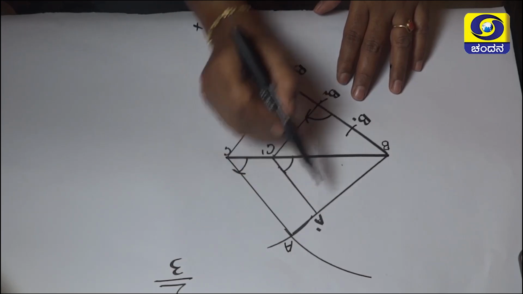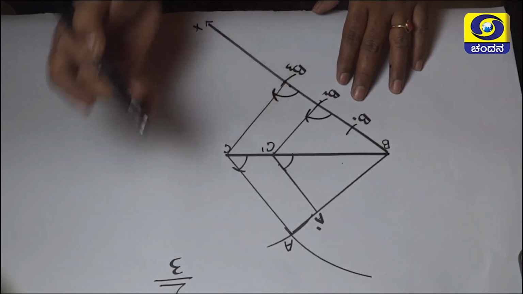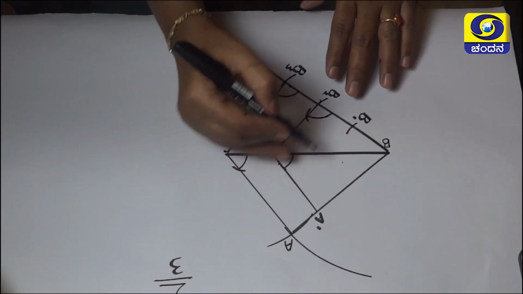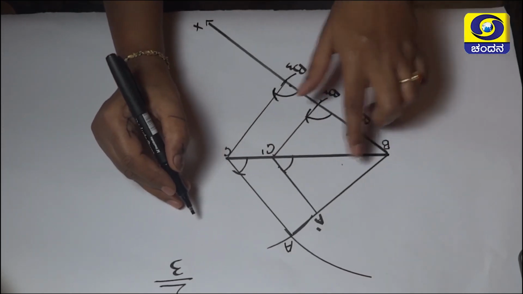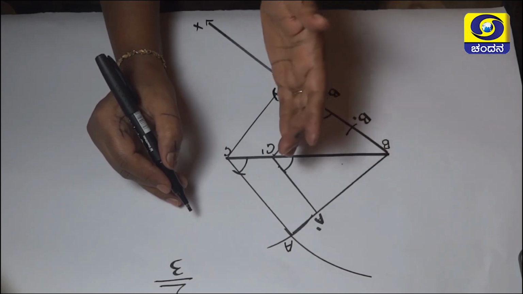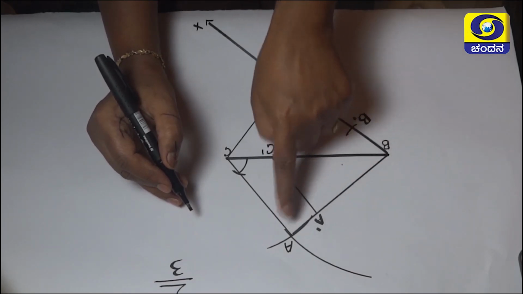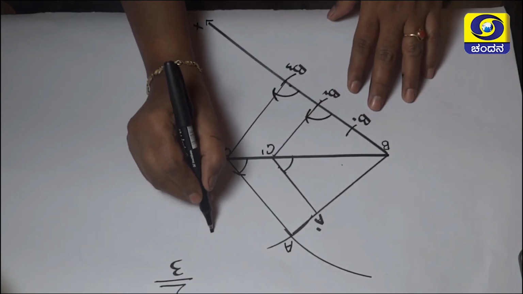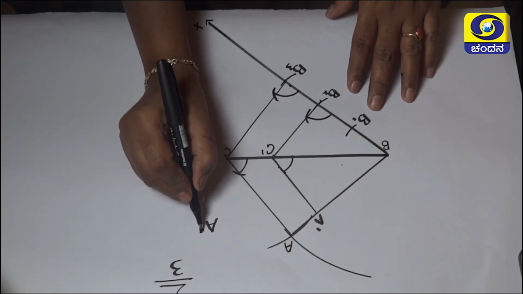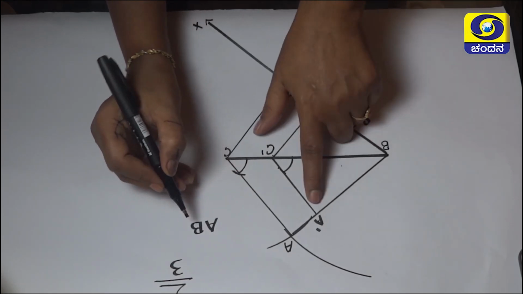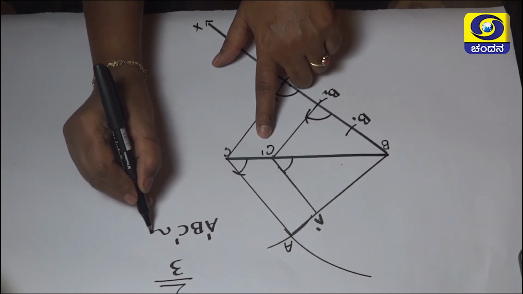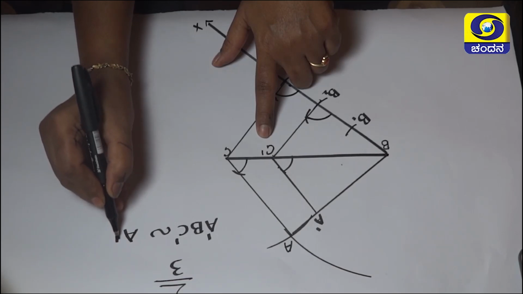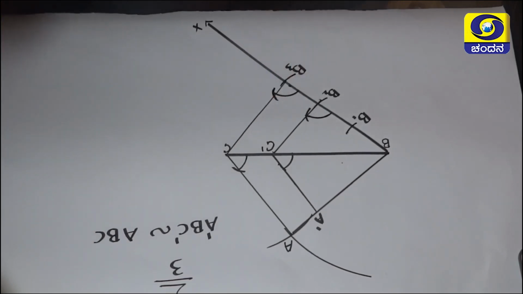Now A dash, B and C dash, these points create a triangle which is a similar triangle, and this triangle is similar to the original triangle or previous triangle ABC. Let us write this. Now this triangle A dash B C dash is similar to ABC triangle.